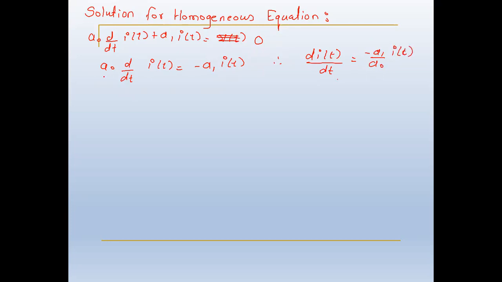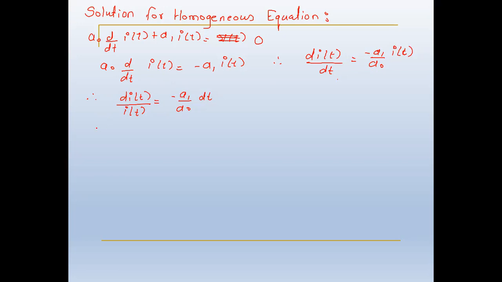Therefore, rearranging the same term, di of t by I of t is equal to minus a1 by a0 dt.